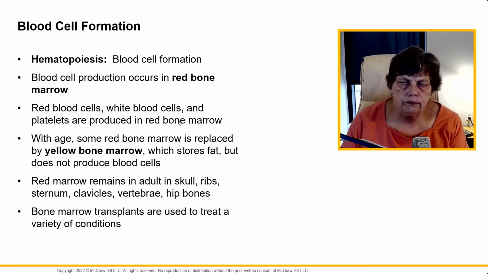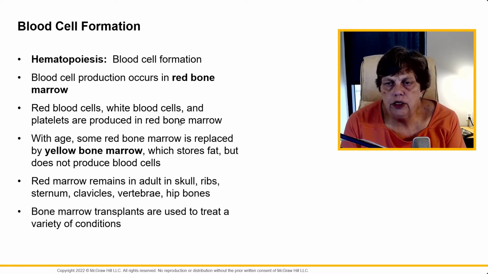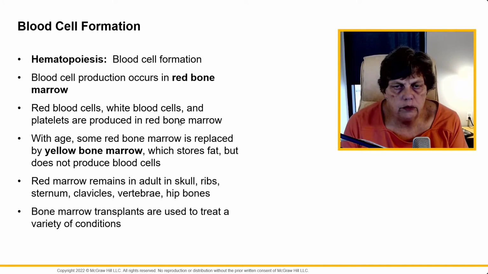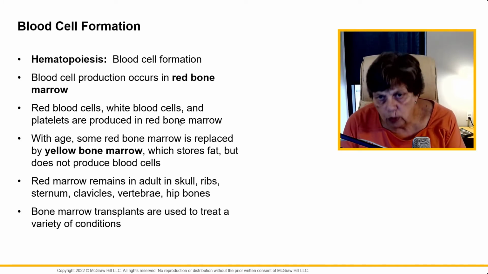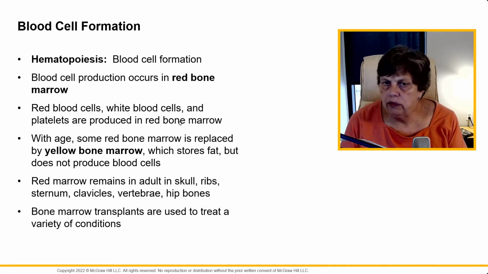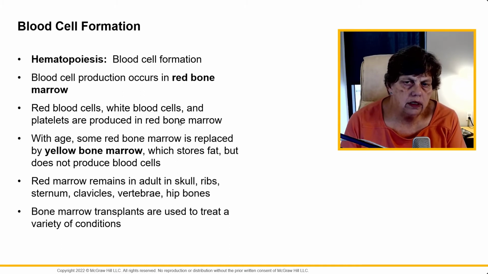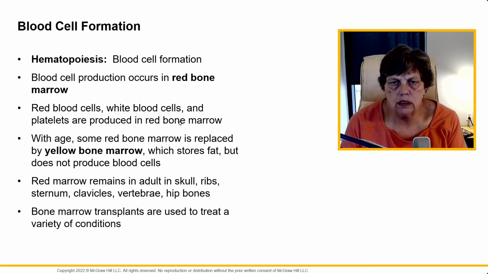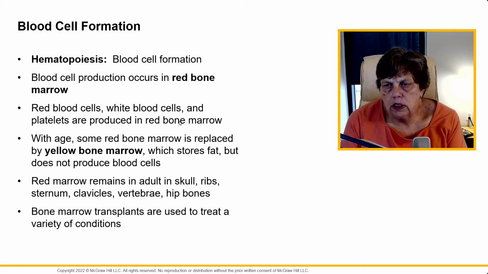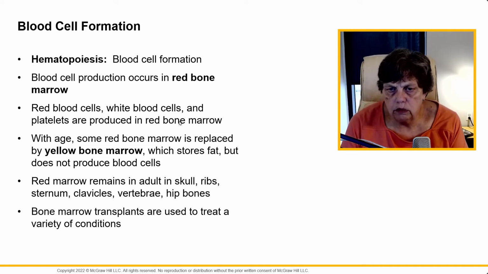All right, so blood cell formation is hematopoiesis, hemopoiesis, same thing. A lot of people use hemopoiesis or hematopoiesis. But this occurs in the red bone marrow. The red blood cells, white blood cells, and the platelets are produced there.